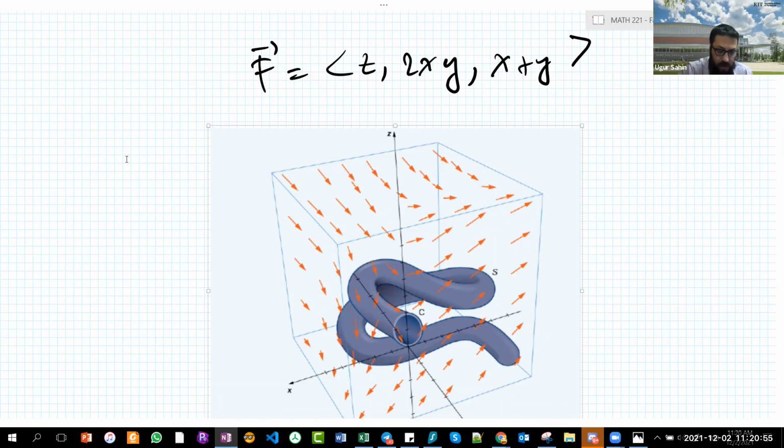I don't know where it is used. But the engineers want to calculate the flow, right? The fluid flows right across the surface. Do you see the difficulty of finding a parameterization for this surface? It is almost impossible, right? Either you need to go ahead and use a cylinder, maybe a lot of cylinders, and then do it part by part, right?